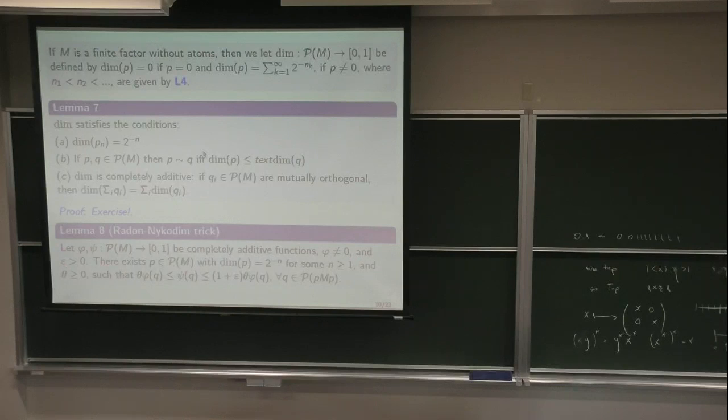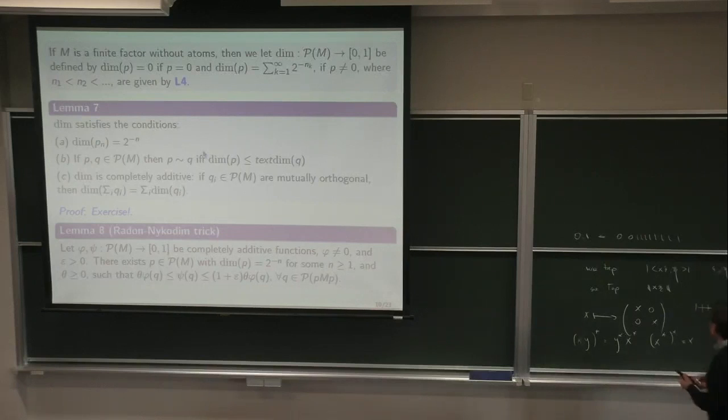Then I claim that there exists a projection in M of dimension 2 to the minus n and some theta such that, after scaling phi with some theta, inflating or diminishing it, I squeeze psi between this multiple of phi, modulo some epsilon, for all projections under P.